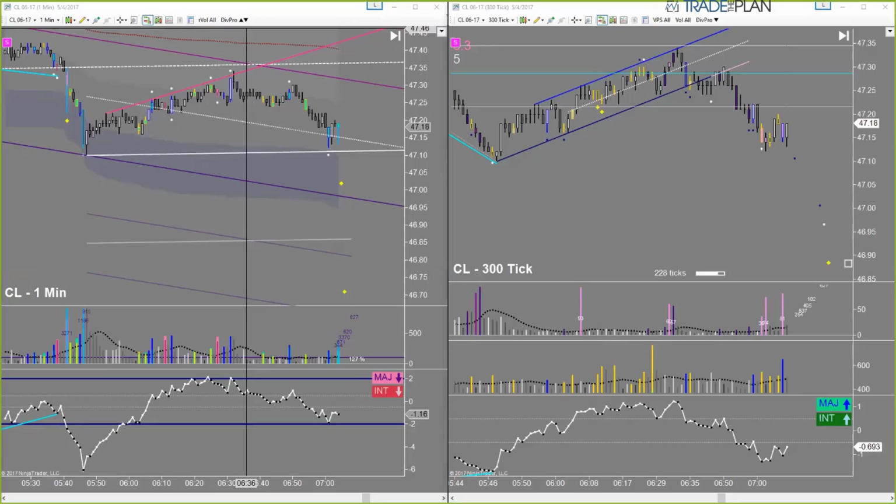Anytime I've attempted that in the past, where I'm trying to get in where the volume is coming in before it actually gets to the area, most of the time I've been early, and then I end up taking a stop and then potentially a second attempt, running the risk of getting stopped twice on the same area, on the same trade. And that's never a good thing. It's never a good feeling either. So yeah, if the volume doesn't come in, then I don't take it.